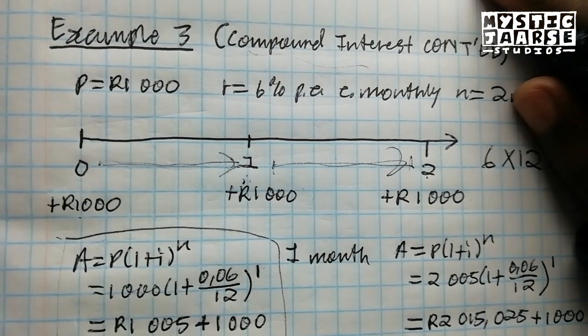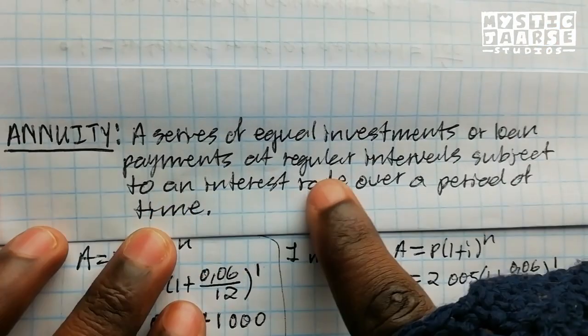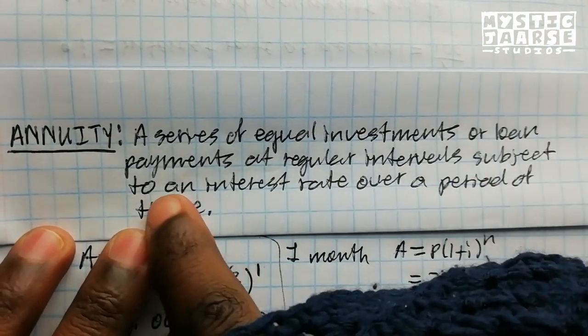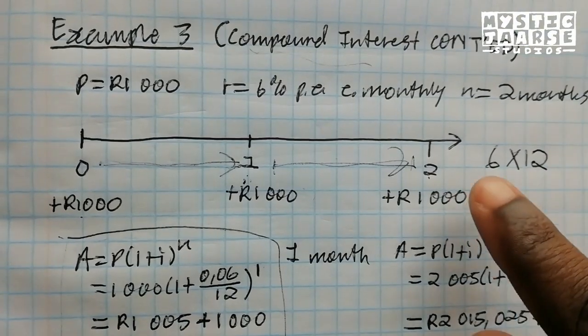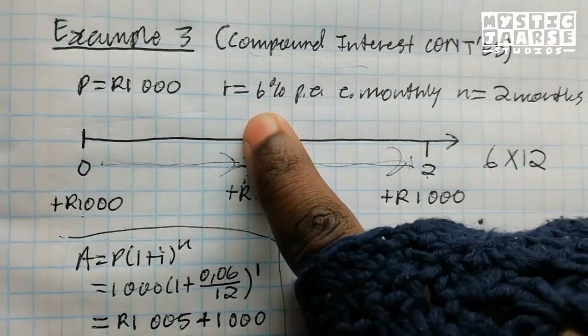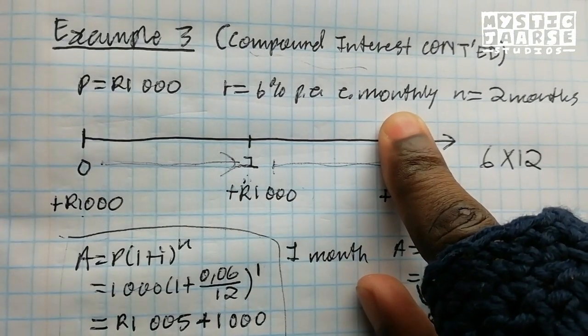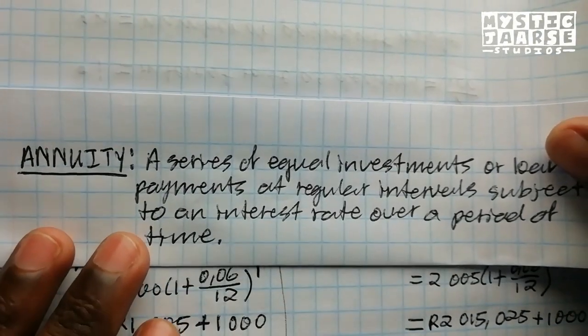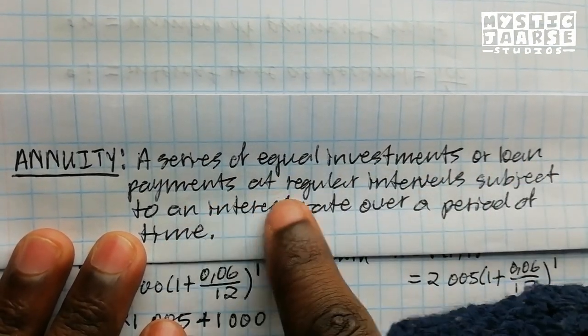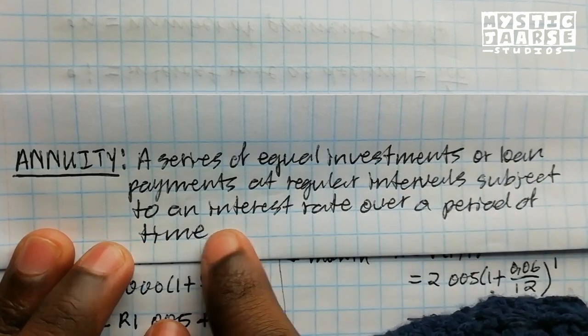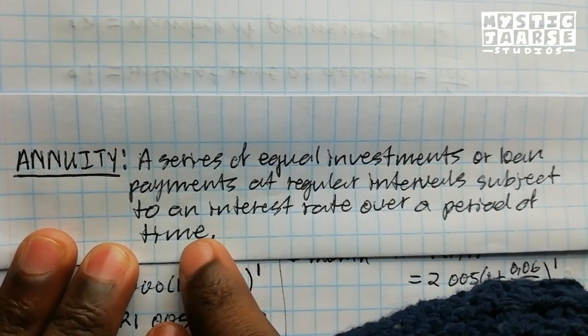It is always 1 month. Regular interest, subject to an interest rate over a period of time. The interest rate for the entire 2 months was 6% per annum compounded monthly. So an annuity again is a series of equal payments or loan payments at regular intervals subject to an interest rate over a period of time.